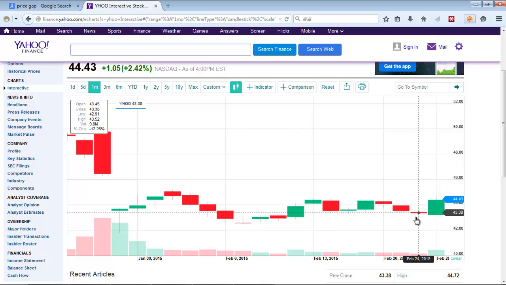And as the market opened on February 25th, the opening price was 43.21. In other words, the opening price on the 25th was lower than the closing price on the 24th. Now, as soon as the market opens, what you want to do is buy the stock because you know that the gap is going to close.